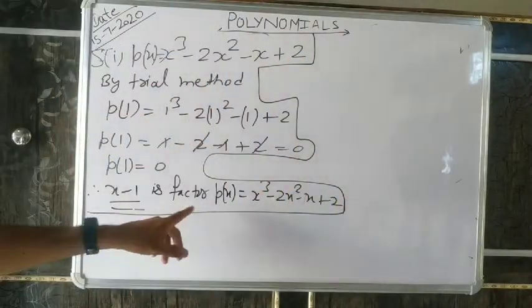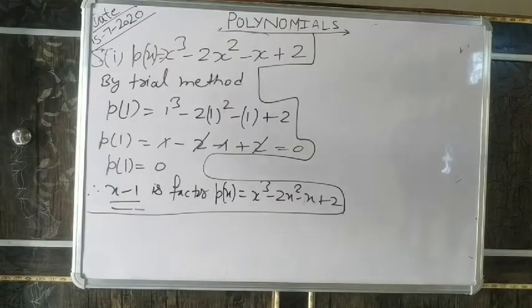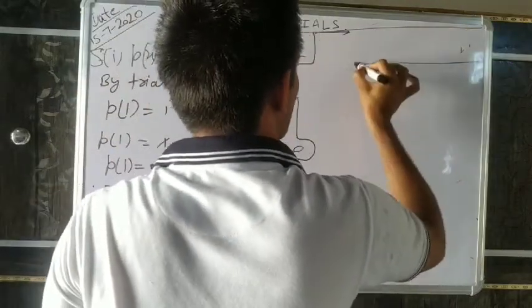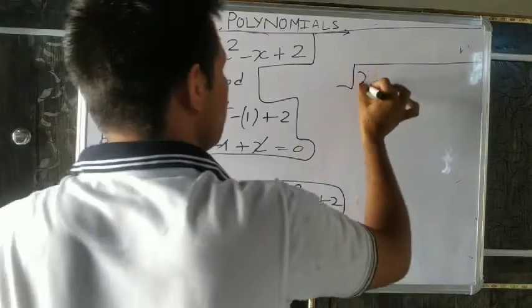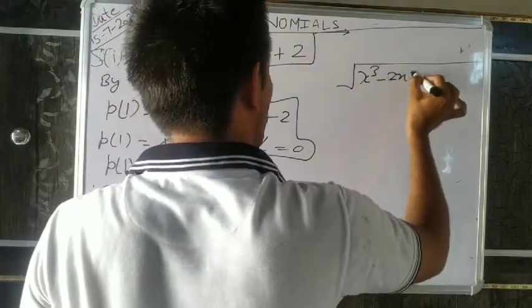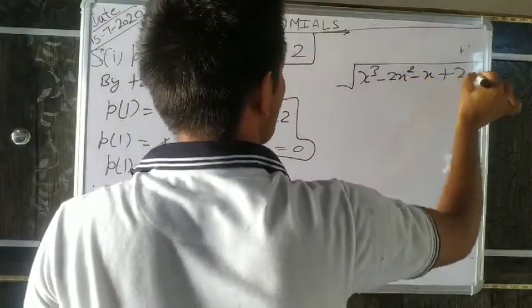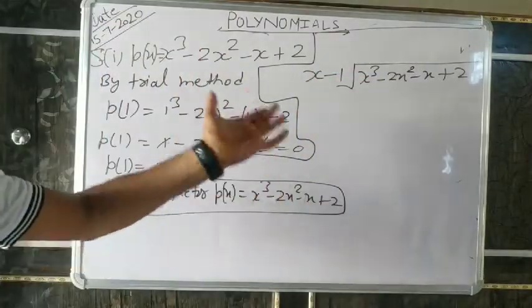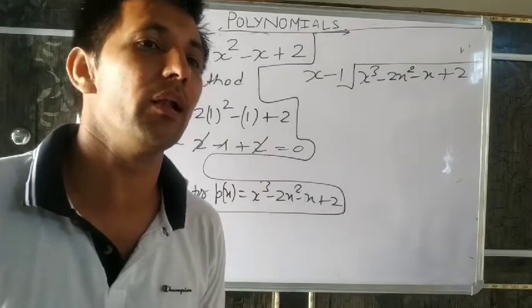So x minus 1 is a factor of this one, so divide. x cube minus 2x square minus x plus 2 divided by x minus 1. I think everyone knows how to divide two polynomials.